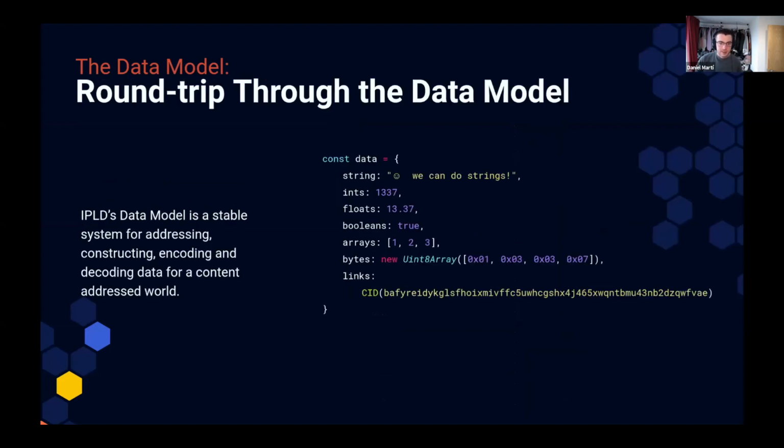So like we said, the encoding is deterministic. What that means is that you can round trip this data through codecs and even different codecs. If you give me some data that's encoded in JSON, and then I decode it, encode it in DAG-CBOR, and decode it again, the data will remain the same because the data model is a sound type system, right? It's strict about how the codecs need to preserve the data the same way it came in and will come out.